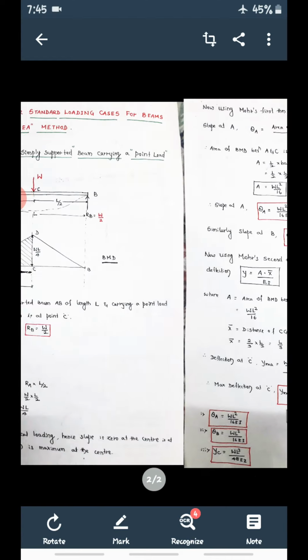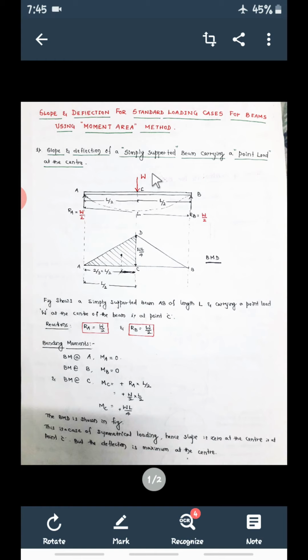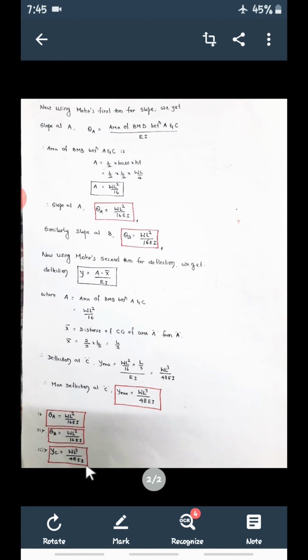So remember, for a simply supported beam with central point load W, the slopes theta A and theta B are the same, WL square by 16 EI. Deflection at A is 0, deflection at B is 0, but deflection at center is maximum, that is deflection at C, YC, equal to WL cube by 48 EI.